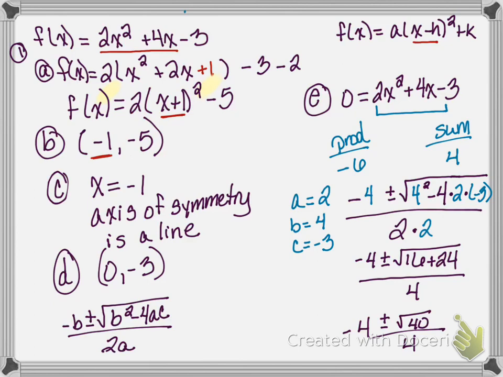Okay, so here we go. I've got -4 plus or minus the square root of 40 over 4. So I want to start with my 40. What does that break down to? One of them has to be perfect. Good, 4 and 10.